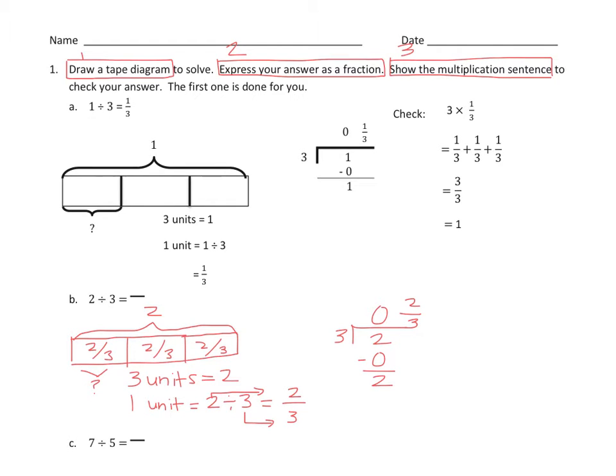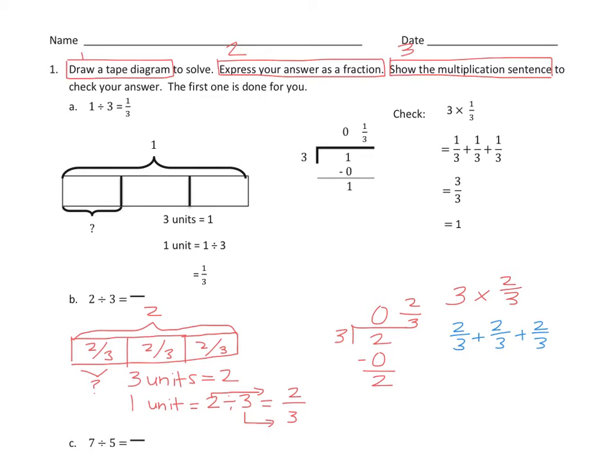Now we're going to check this by saying, okay, if we take our divisor, which is 3, and multiply it by our answer, which is technically 2/3, that means, I'll do it in blue, we're going to be doing 2/3 plus 2/3 plus 2/3.